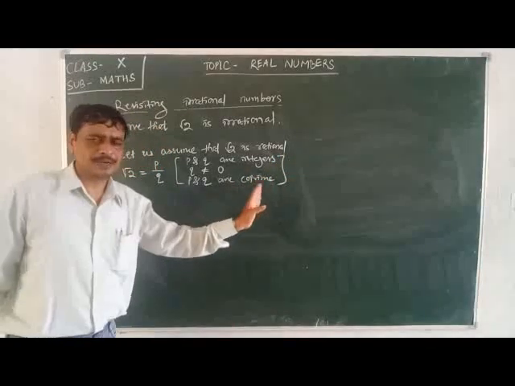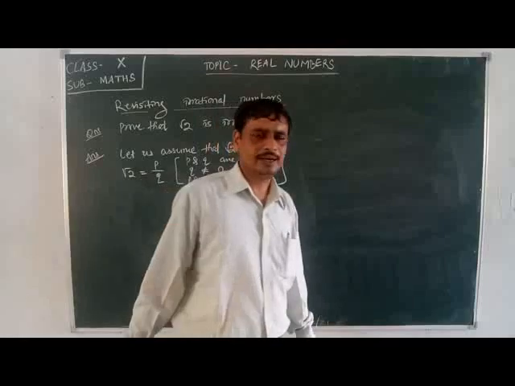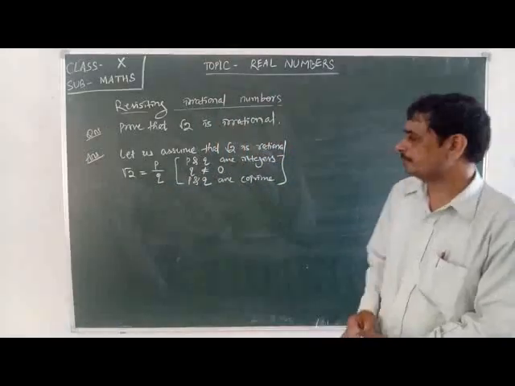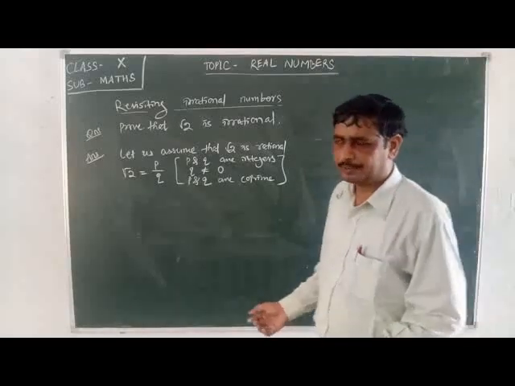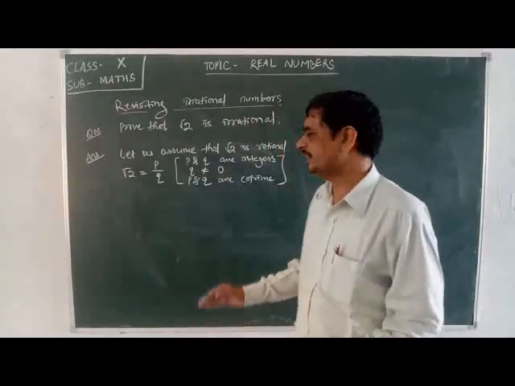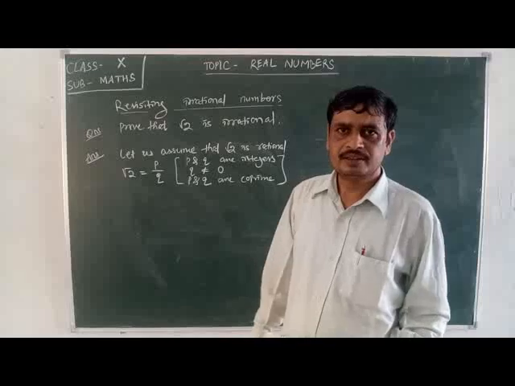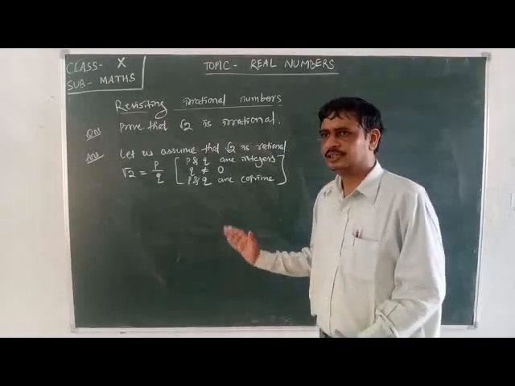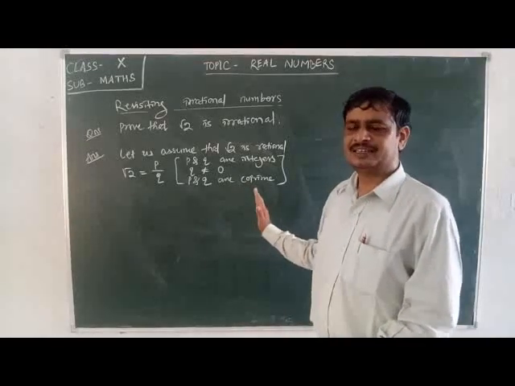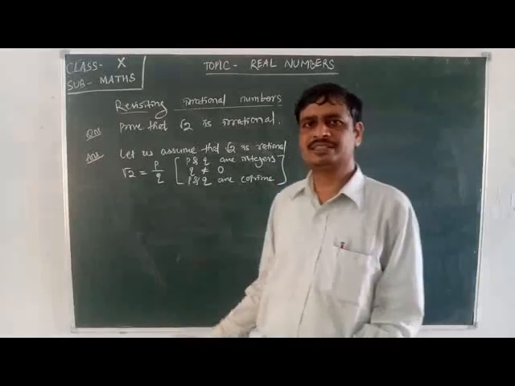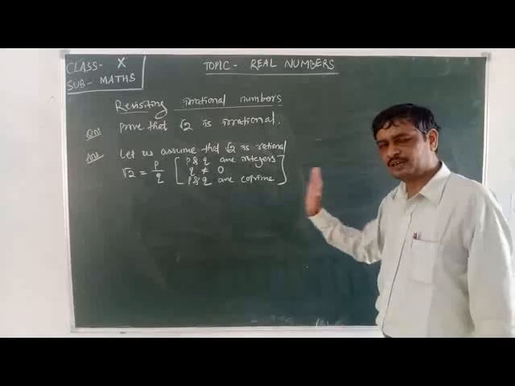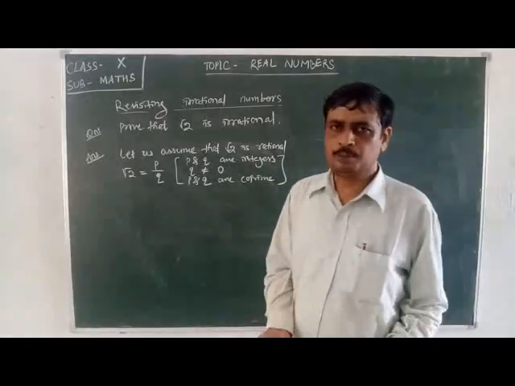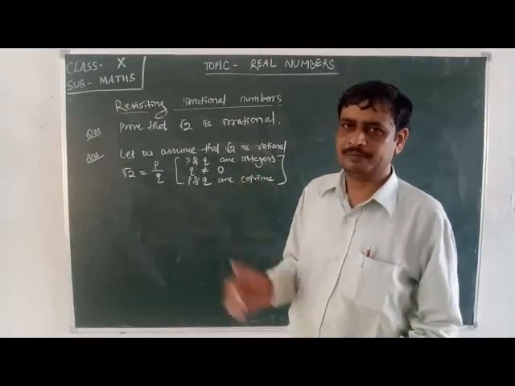What is co-prime? Co-prime is when the HCF of any two numbers is 1. When the common factor of any two numbers is 1, they are said to be co-prime. It does not depend on whether the numbers are prime or composite. Two primes can be co-prime, and two composite numbers can also be co-prime.